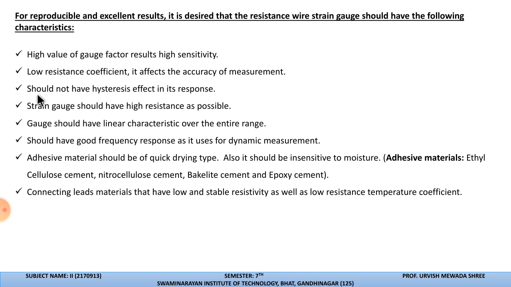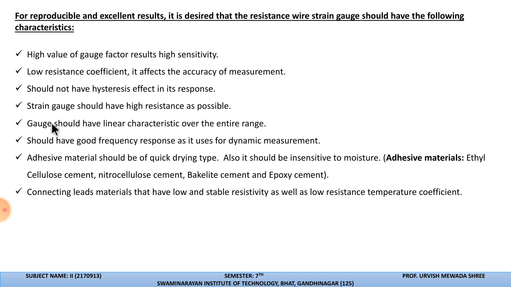So we need to minimize the hysteresis effect while we measure stress or strain with the help of a strain gauge. And the strain gauge should have as high a resistance as possible, because if we take a higher resistance material, we can use it for a large range.